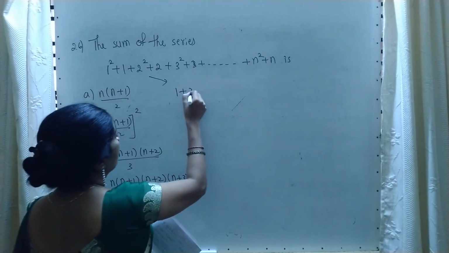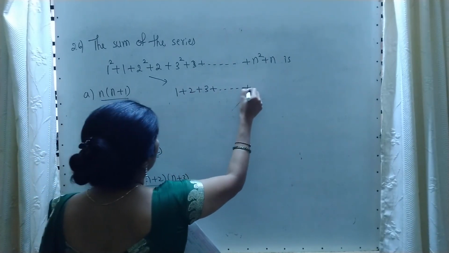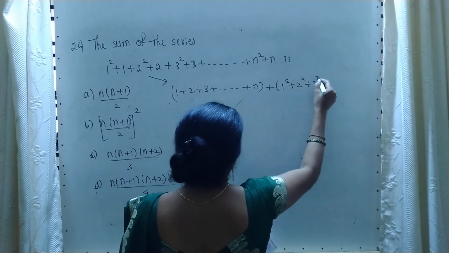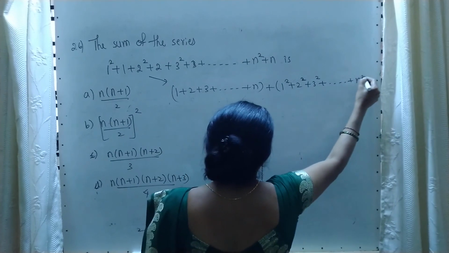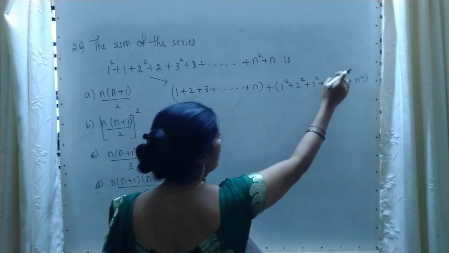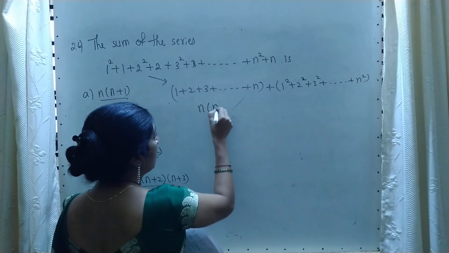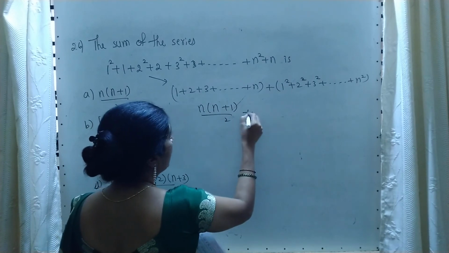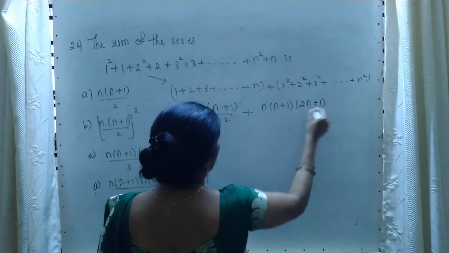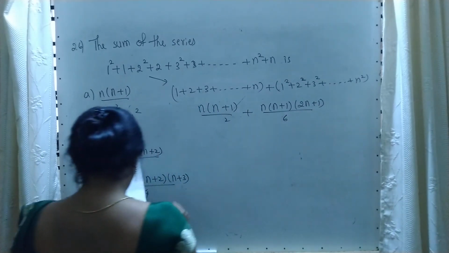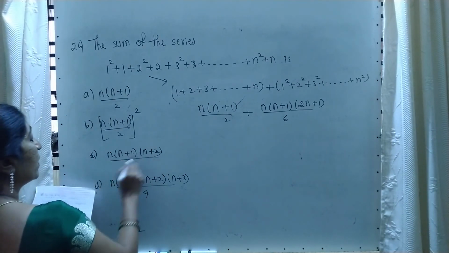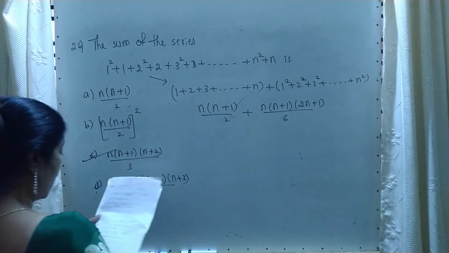This will be written as, just what I did, I did the grouping of that, correct or not? And this is sum of n terms. The series are 1, 2, 3, and here 1 square, 2 square, again sum up to n terms. It is n into n plus 1 divided by 2, and this is n into n plus 1 into 2n plus 1 divided by 6. When you rearrange this and you solve, you will get n into n plus 1 into n plus 2 divided by 3. Third option.